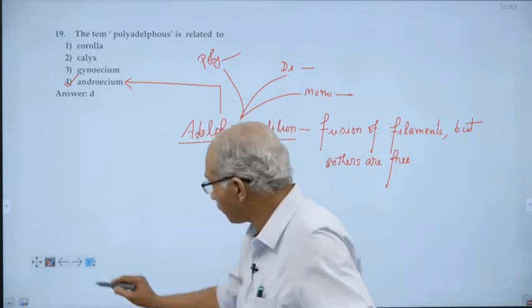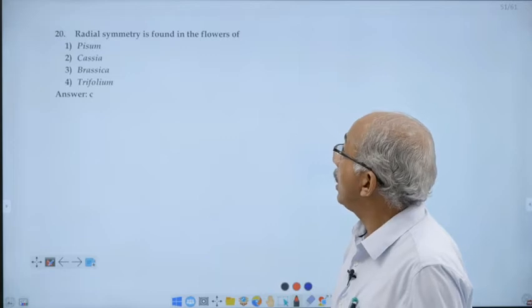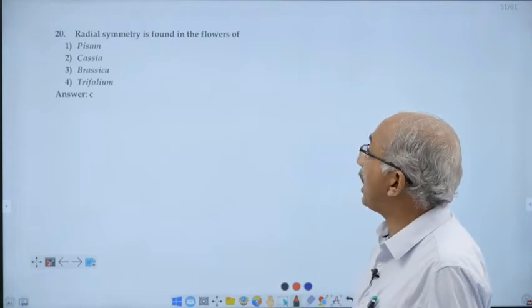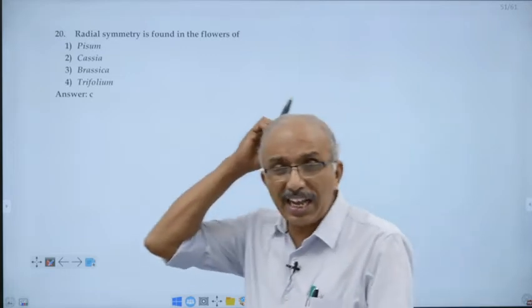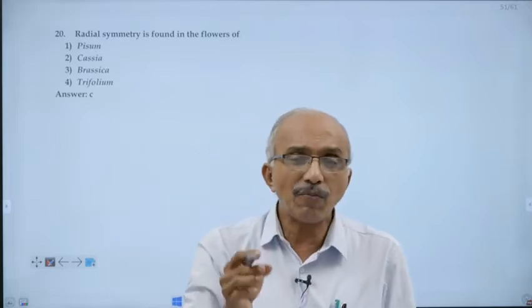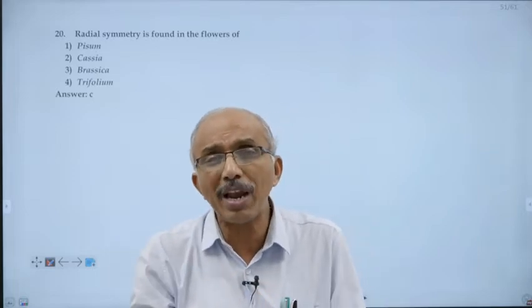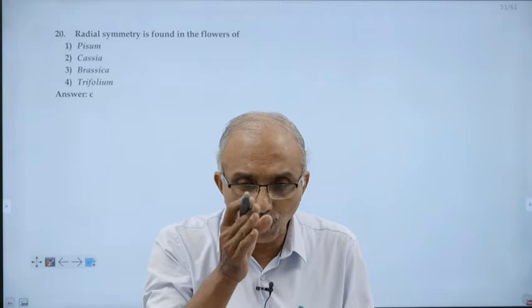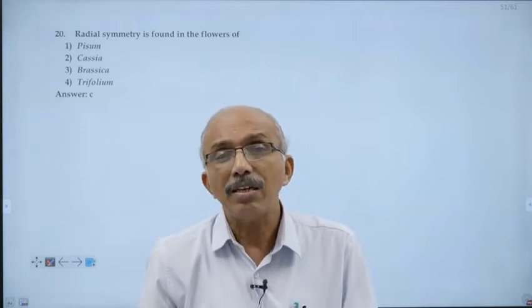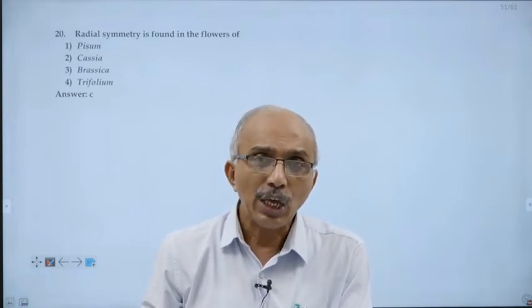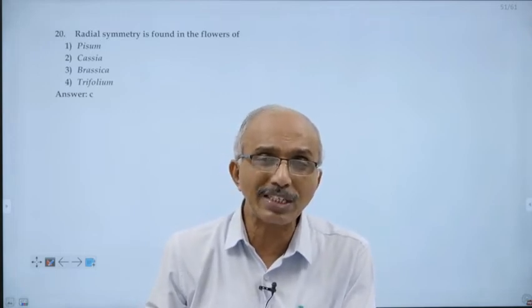Next. Radial symmetry is found in. Radial symmetry means the flower can be cut into two similar halves through any plane passing through the center. The only condition is that your cut should pass through the center.